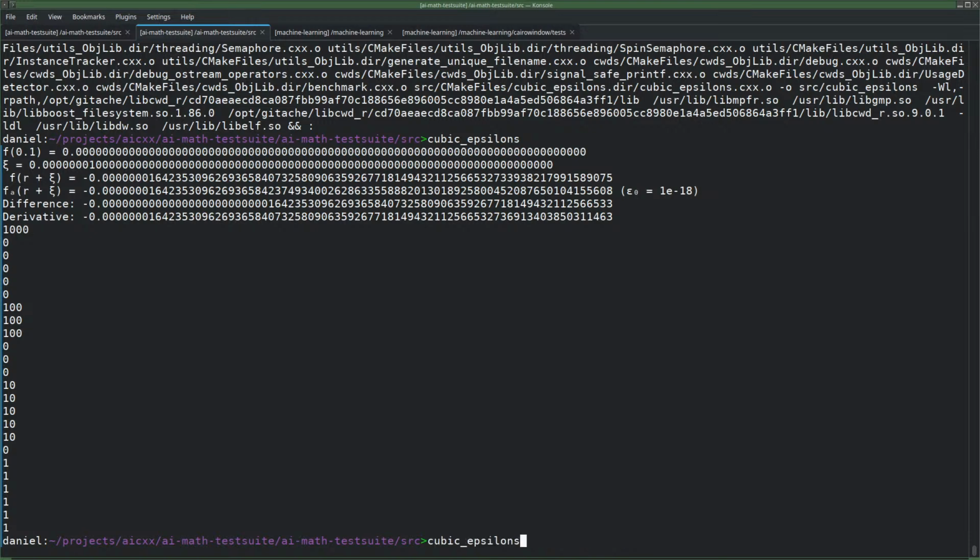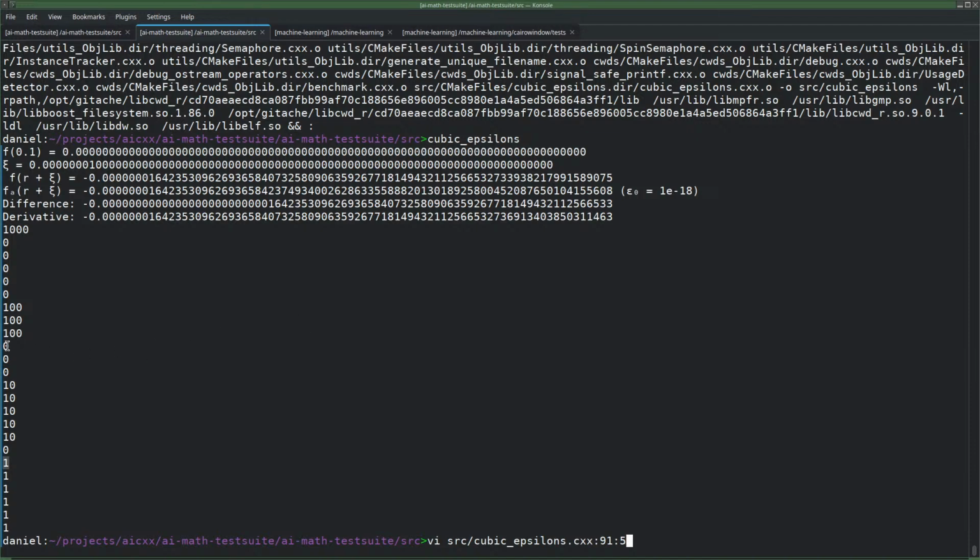And this is a tenth, etc. So if you take the log 10 of this, then you get, well, this refers to coefficient 0, and this one refers to coefficient 3. So we can take the log 10 of this and then do 3 minus that.